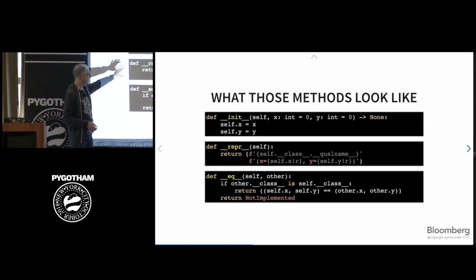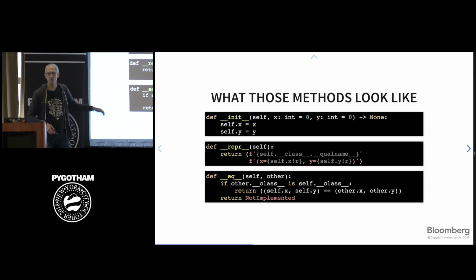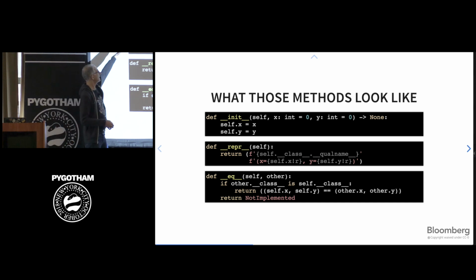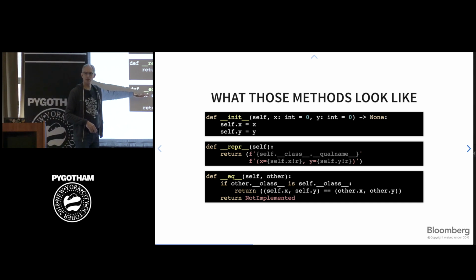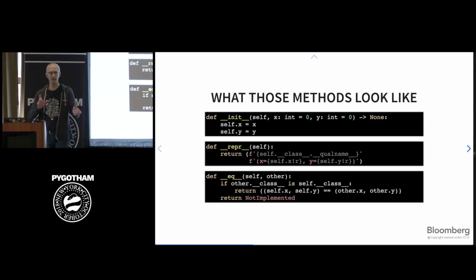I have my string representation, and I have my dunder eq method, and the way that the data class does this is it takes the attributes in order, puts them in a tuple, and compares that to a tuple from the data attributes from the other object. And it does put in the nice check to make sure that it's doing an equality check between things of the same type.